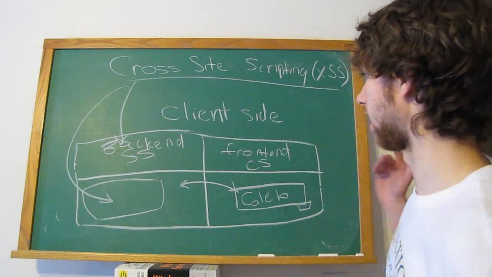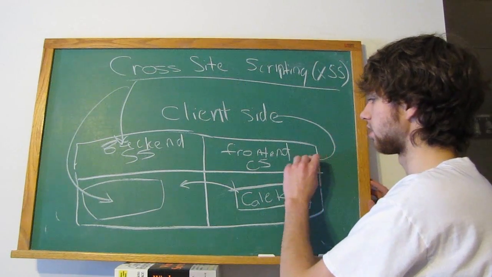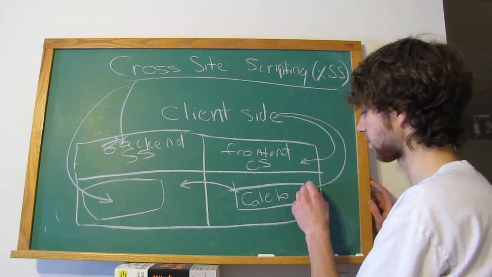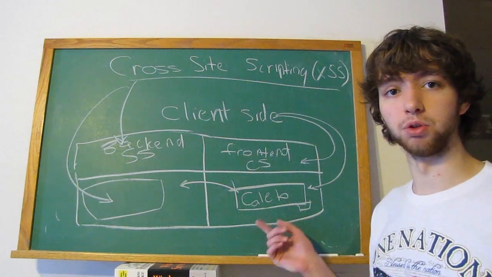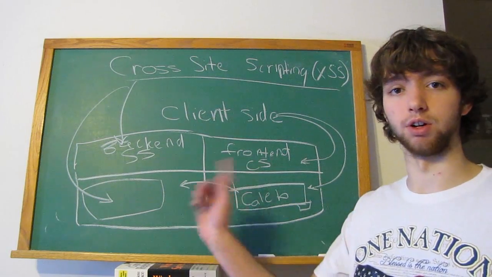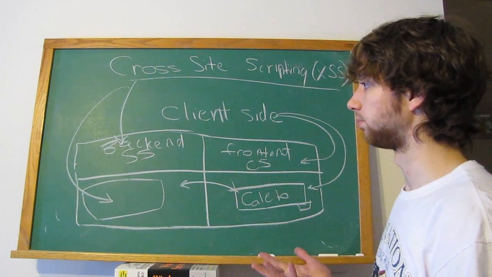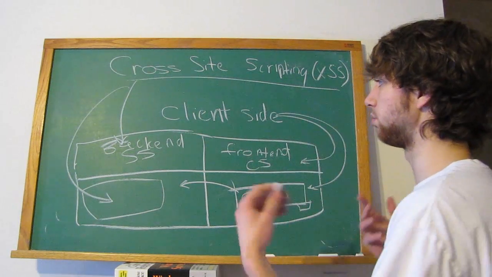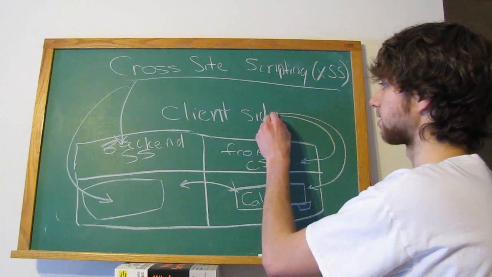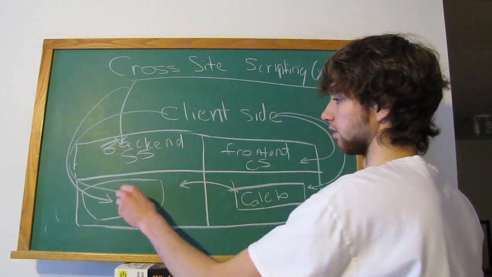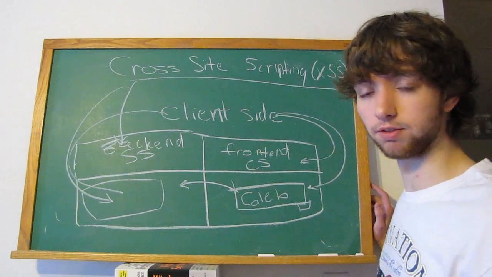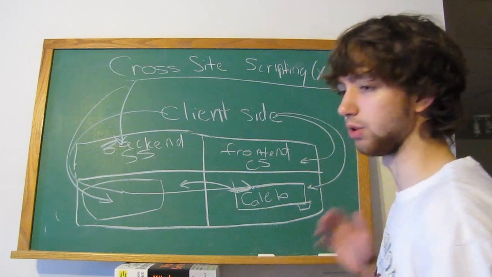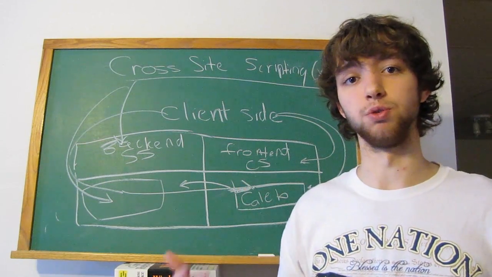A client-side attack changes the front end to put malicious code on the actual person's computer rather than on the server. This cross-site scripting can also be used to put this client-side code on the server, so every single time someone views this web page, that malicious code is sent to every single user who views that page.